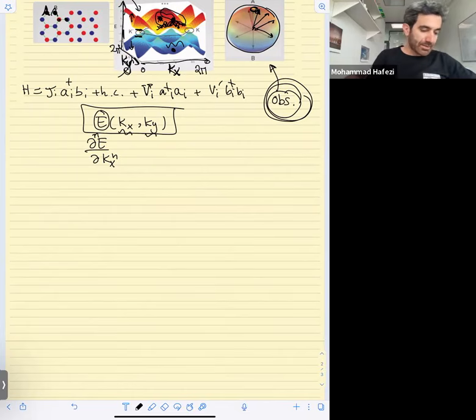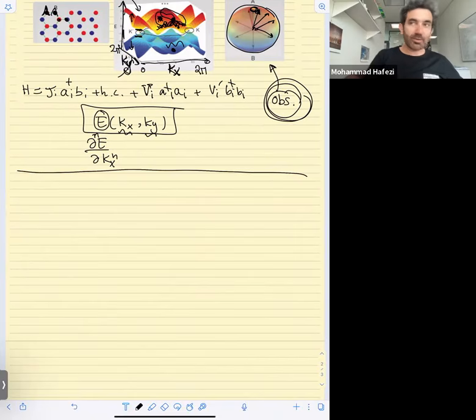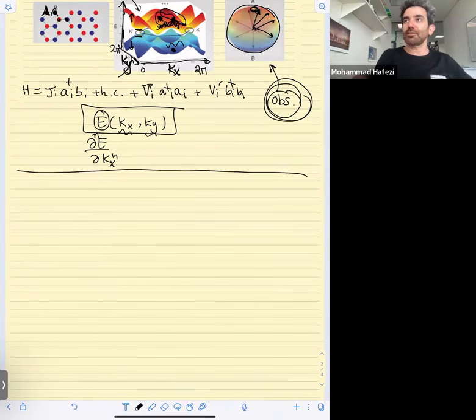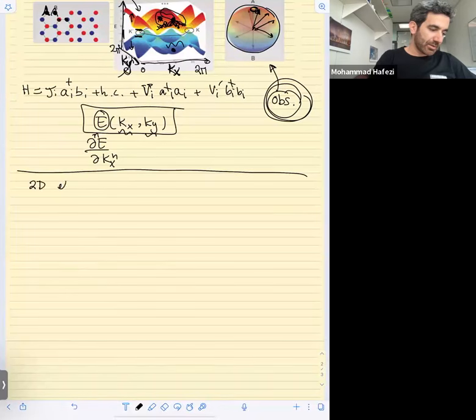Okay, so now let's start with the kind of the mother of all topological models in physics, and that's quantum Hall effect, which is a very simple and yet beautiful problem. It's two-dimensional electrons in the presence of a perpendicular magnetic field.